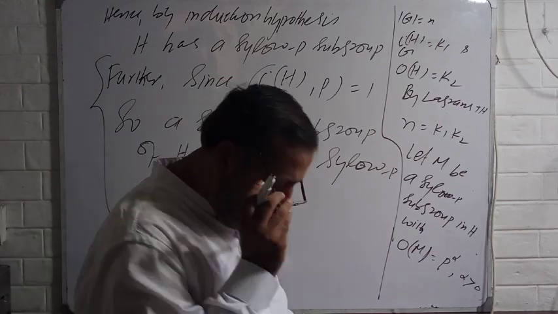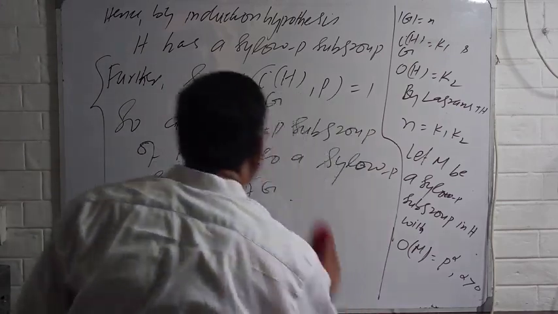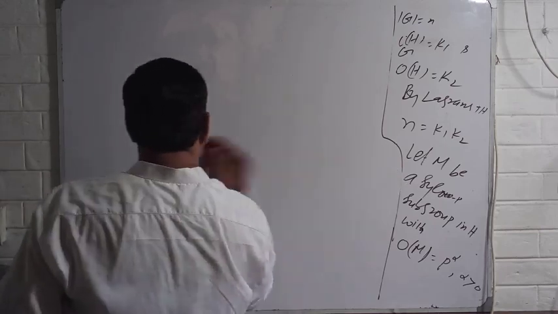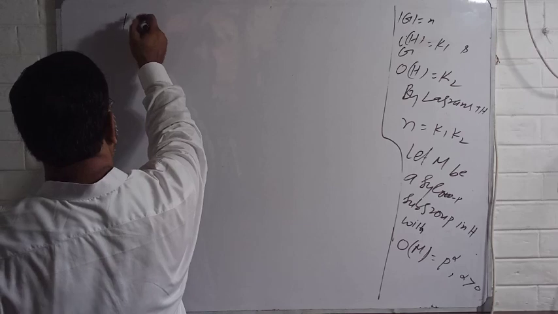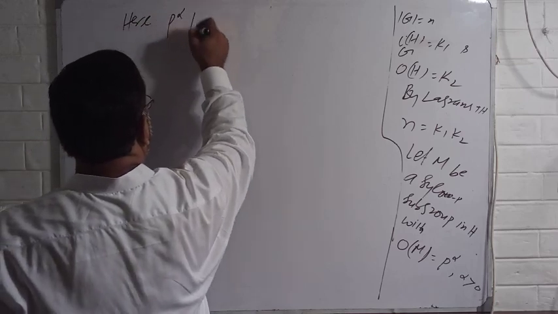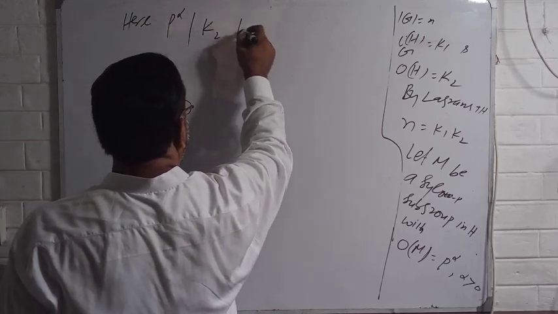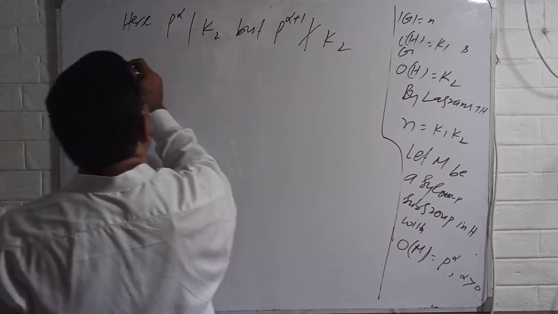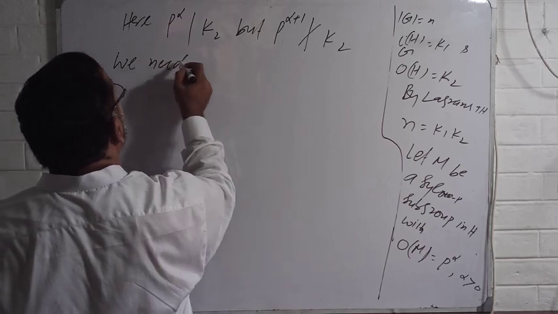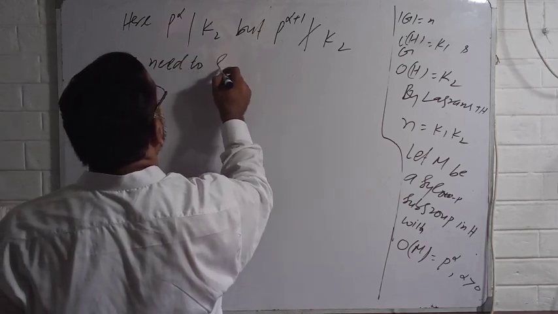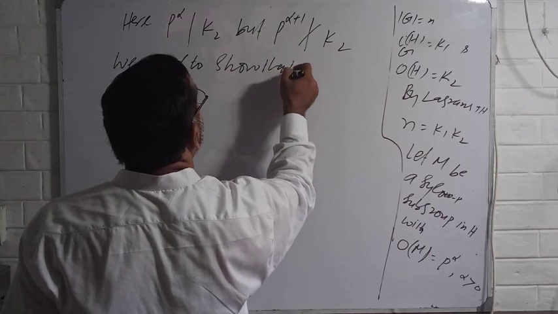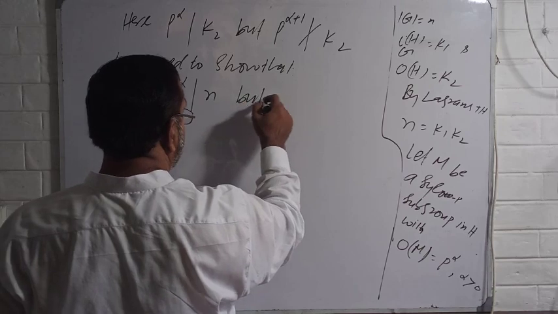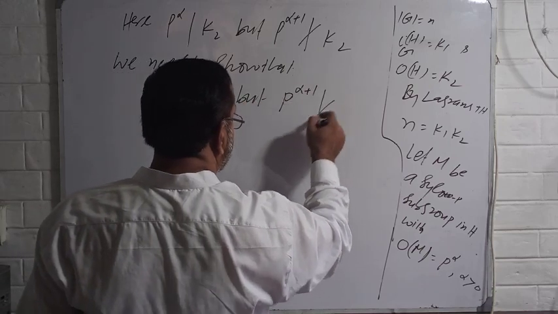So here we are given that P power alpha divides K2, but P power alpha plus 1 does not divide K2. We need to show that P power alpha divides n, but P power alpha plus 1 does not divide n.